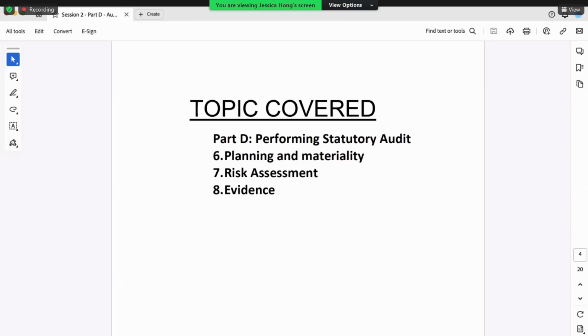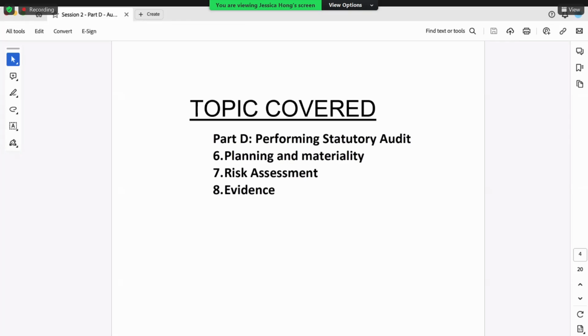All right. So we are going to start part D by covering some essential parts. These are the three essential parts that we want to cover today. We're going to show you the audit process, which begins with audit planning. During this part on audit planning, we will also discuss a little bit about the materiality that we usually set during audit planning. And then after that, we will discuss the risk of material misstatement.